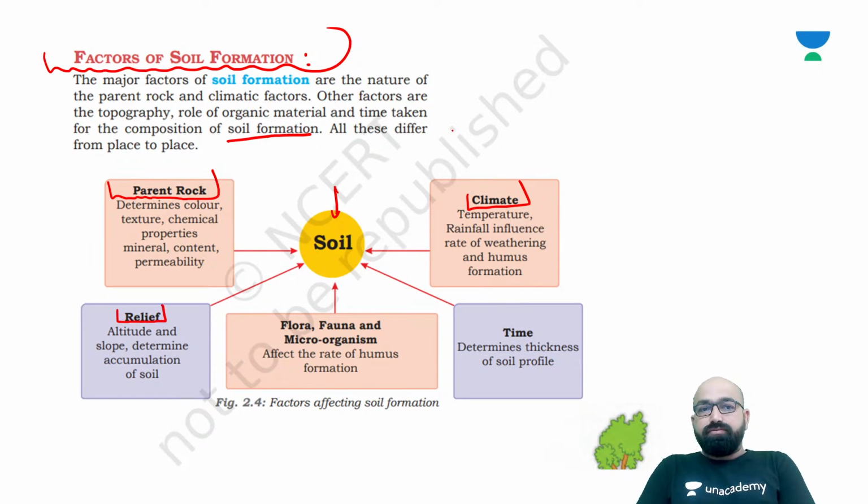Then relief, altitude and slope, determine the accumulation of soil. Then flora, fauna, and microorganisms affect the rate of humus formation. And then time determines the thickness of the soil profile. So friends, these are the factors affecting soil formation, and it varies from place to place.